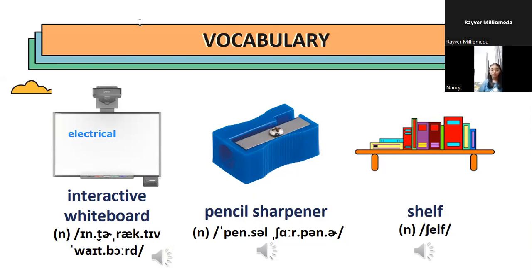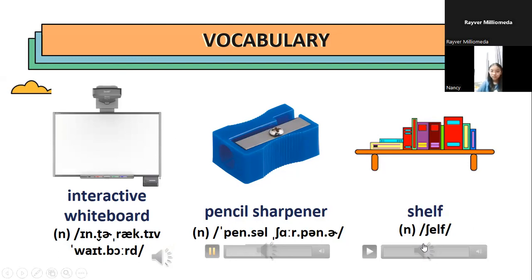Now this one. Pencil sharpener. And how about this one? Shelf. Do you have a shelf at your home? Yes. Okay.